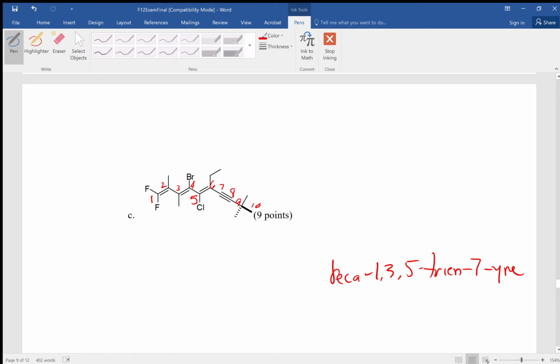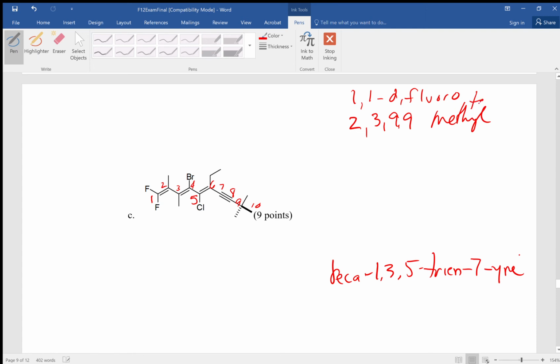Our next step is that we need to name each of our substituents. So let's list them. At carbon 1, we have 2 fluorines. Methyls are at 2, 3, and there's also 2 methyls at 9.